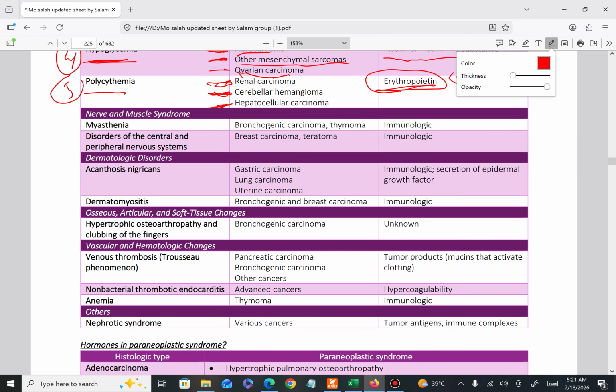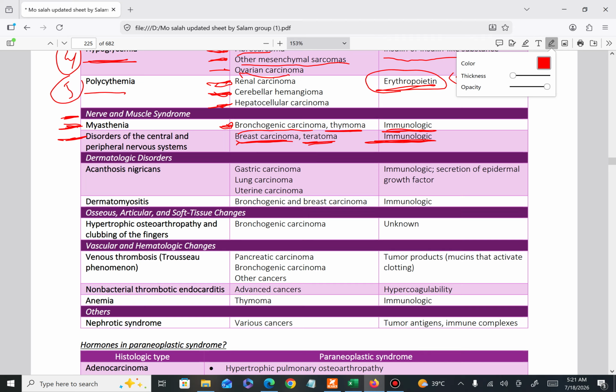Then the nerve and muscle syndromes. First is myasthenia gravis. It is associated with bronchogenic carcinoma and thymoma, and the mechanism involved is immunological. Then the disorders of the central and peripheral nervous system are associated with breast carcinoma and teratoma, and the mechanism is immunological.